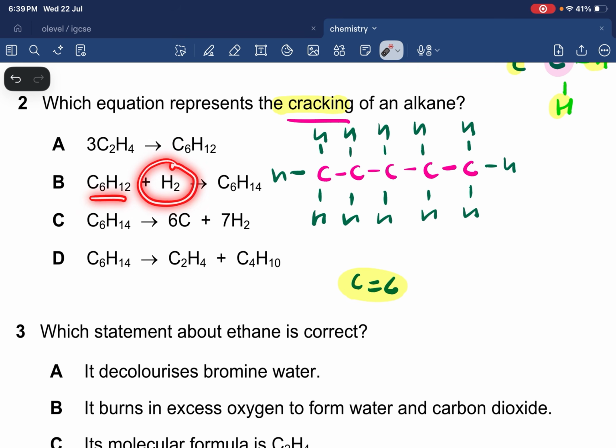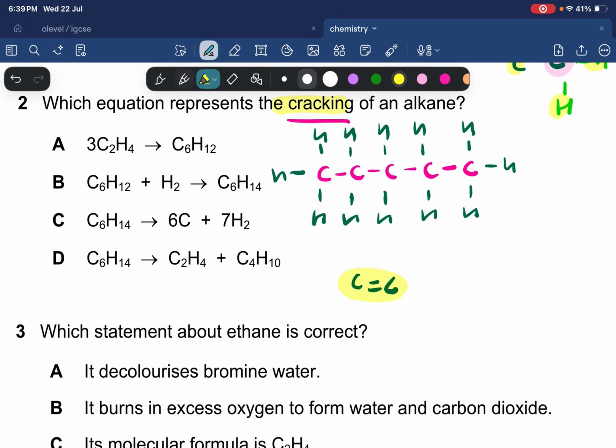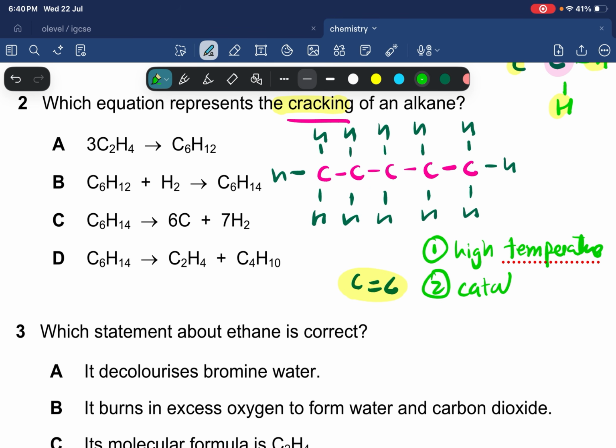What do we do? We crack it, and the conditions for cracking are, number 1, high temperature, right? You need a lot of temperature for it. Then you need a catalyst. It can be Al2O3, or silica, or some catalyst like this. So you need a catalyst.